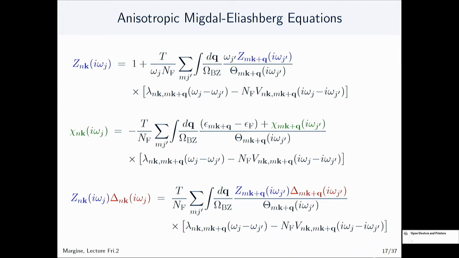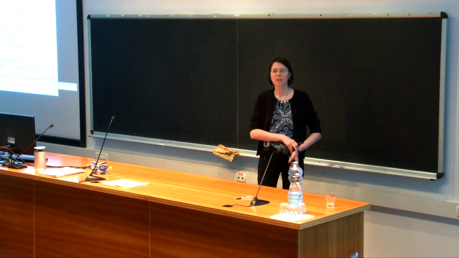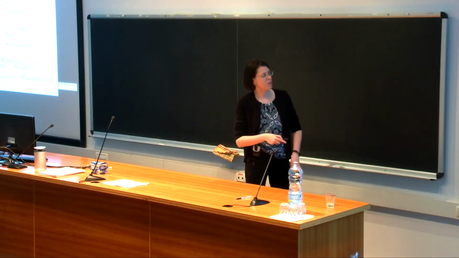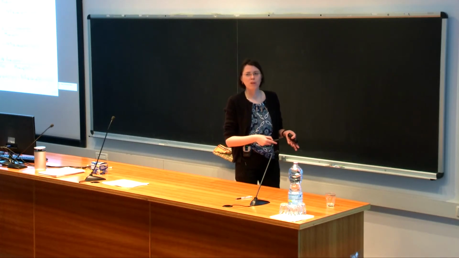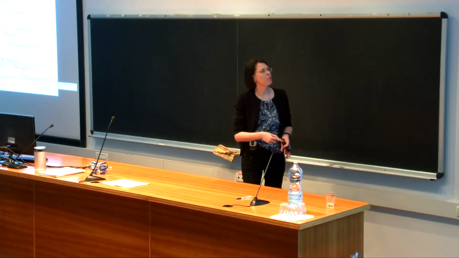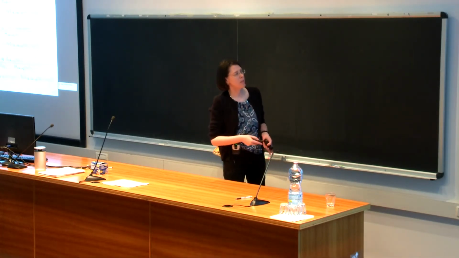So this is quite complicated. And in fact, if you were to solve these three equations, you also need to supplement them with another equation that I have not written down, for the total number of electrons, in order to find the Fermi energy.